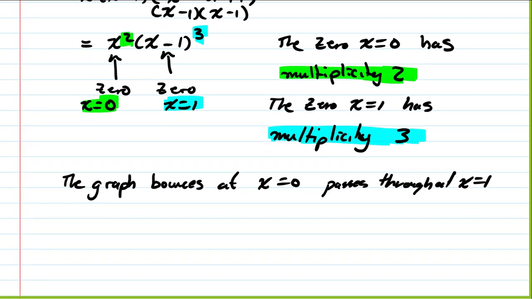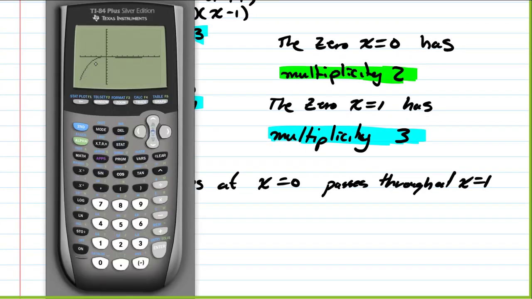So we see it goes up here, it bounces, comes back down, and then finally at 1 it goes back up above the x-axis. Because if we go way back out, if we go back to our zoom standard, we'll see that for a 5th degree polynomial, we know it should start down and end up, which it does.